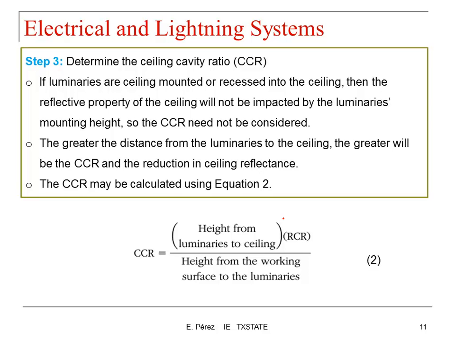Here's the expression that I was saying. We have the RCR ratio here in this expression. But if we go back to the description of this step, if the luminaries are ceiling mounted, then the reflective property of the ceiling will not be impacted by the luminaries mounting height.